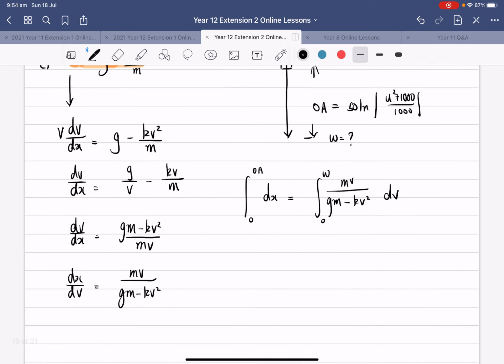So that gives us OA, which is just x, equal to, we need to integrate this one on this side. So that becomes m. What's the best way to do that? I'll probably just do it step by step.